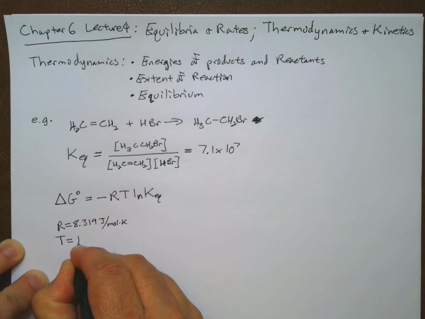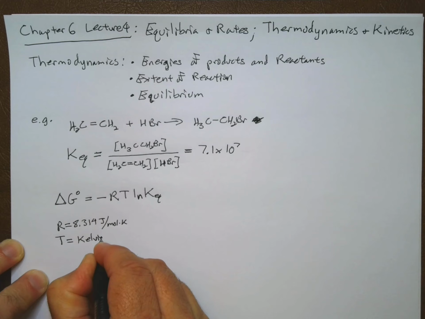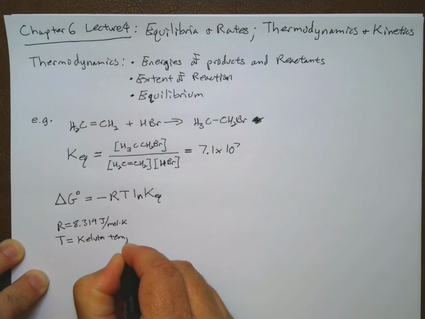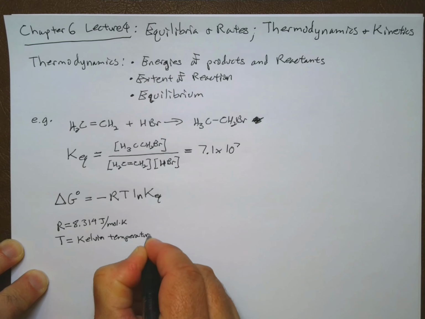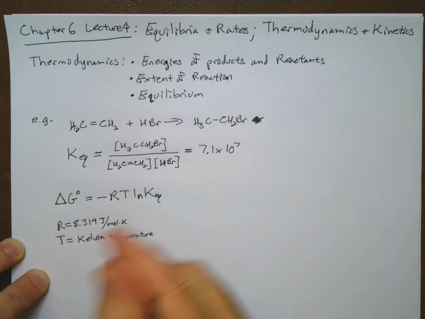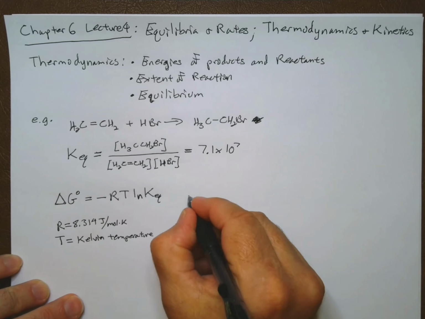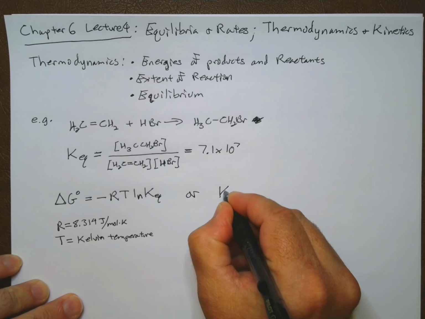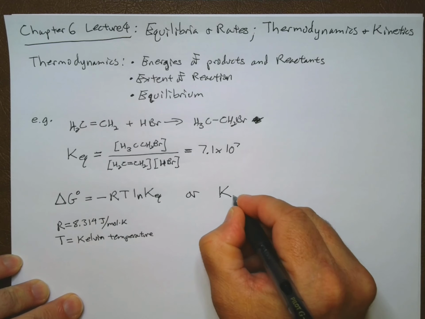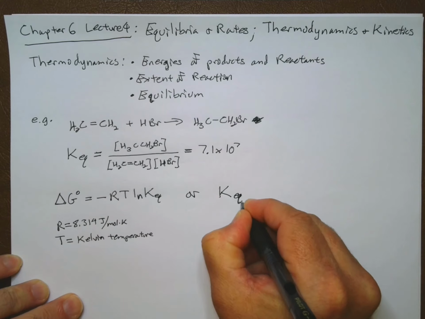T equals the Kelvin temperature. And then you would plug in your equilibrium constant and take the natural log of it. You could write this in an exponential form as well, instead of a logarithmic form.